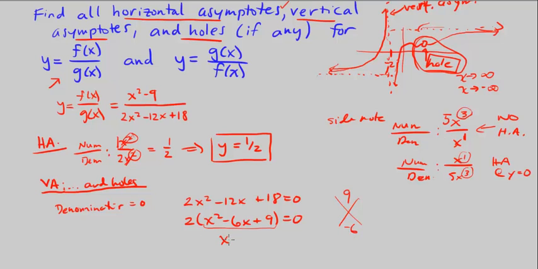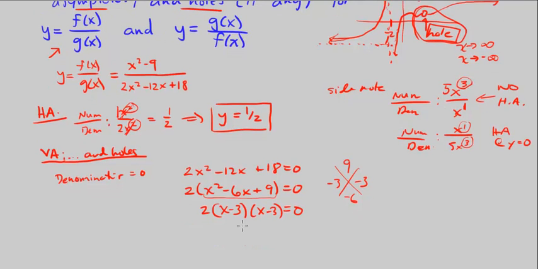And that would be x minus 3, negative 3 and negative 3, times x minus 3. So we know this is true where x equals 3 or x equals 3, so we can just say x equals 3. Okay, so this function is undefined when x is equal to 3.